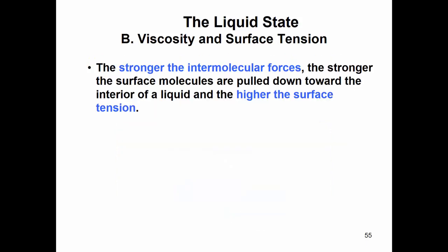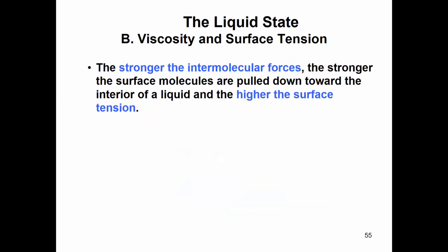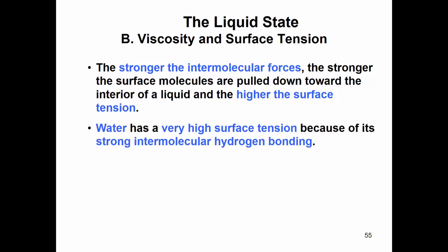So the stronger the intermolecular force, the stronger the surface molecules are pulled down towards the interior of the liquid, and the higher the surface tension. So surface tension means resistance to spread out. So if a molecule has stronger intermolecular forces, then it's going to have high surface tension.